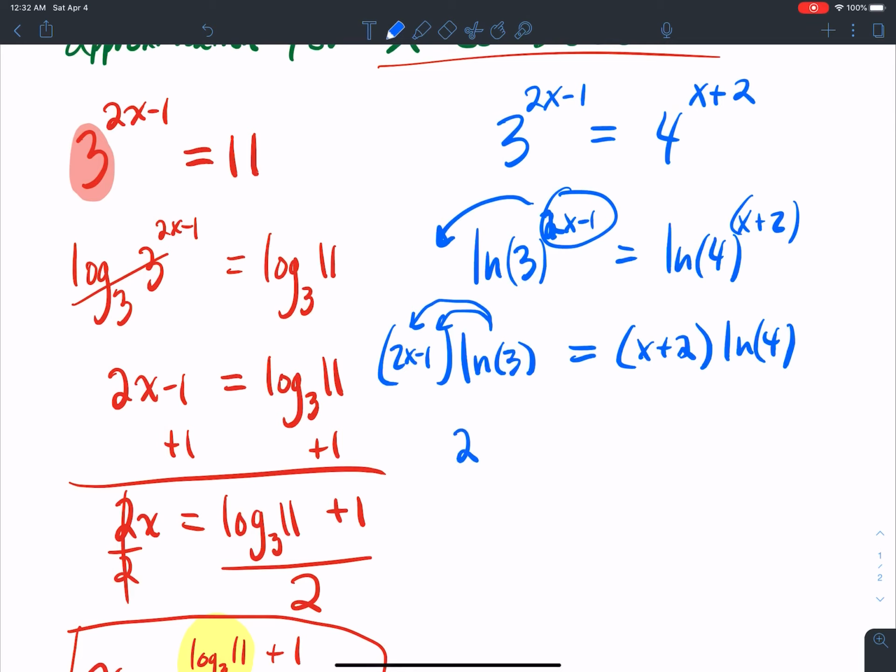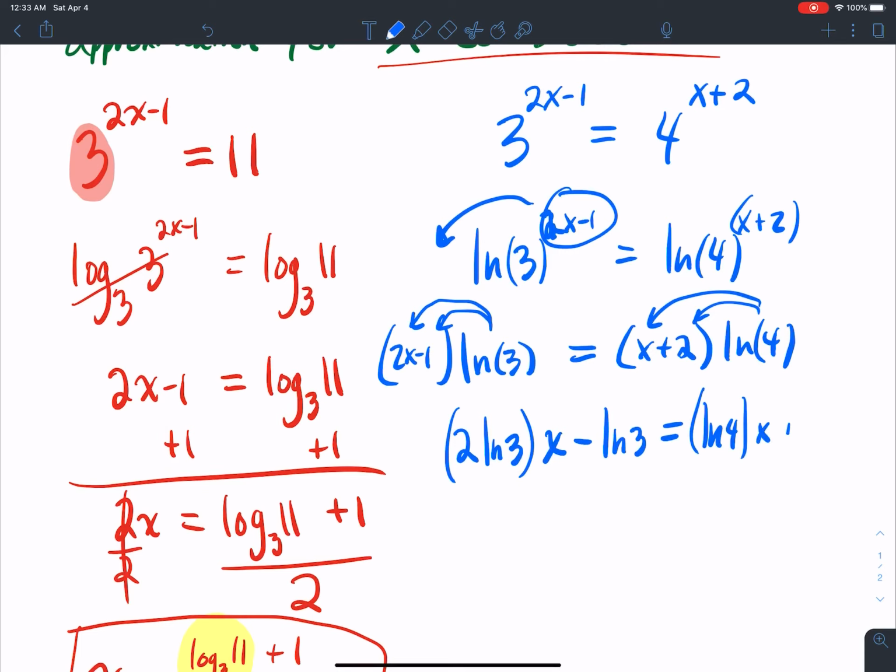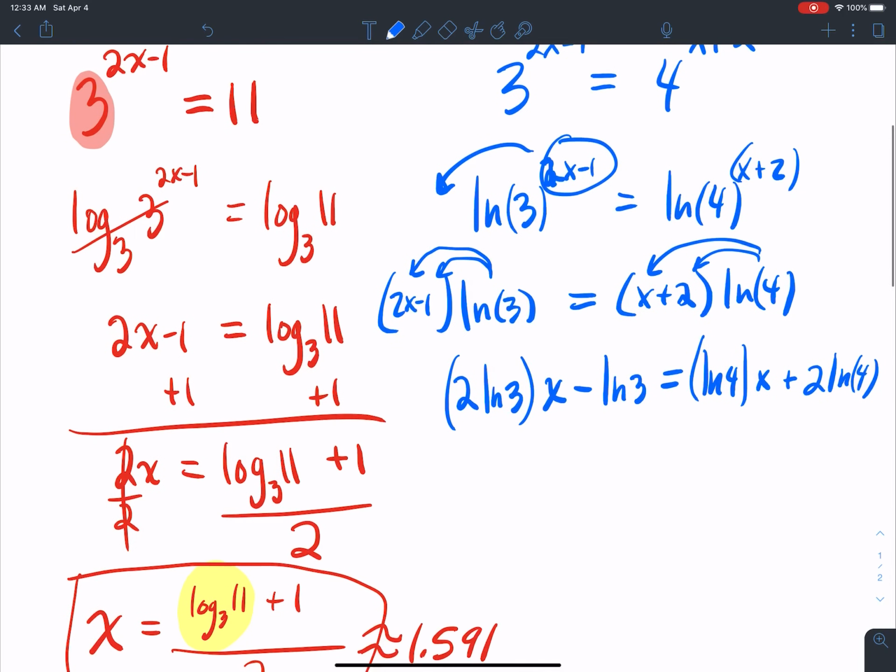So I have 2 ln 3 times x, that's just a number, minus ln 3 is equal to, and now I'm going to distribute this in here, ln 4, which is a number, times x, plus 2 ln 4. Okay? Now what am I trying to do? I'm trying to solve for x. So what do I need to do? I need to get my x's on one side. So minus ln 4 x from both sides.